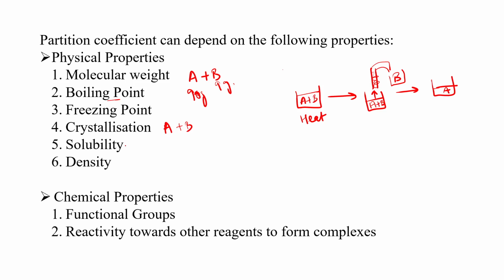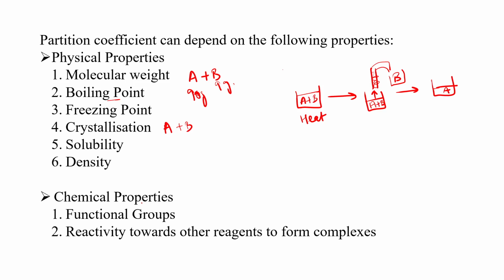Butanol will go into the organic phase because it is more soluble in organic solvent than in the aqueous phase, and I can separate the aqueous and organic layer, and that's how I can extract or separate two analytes based on their solubility. Then density, again the same concept: if one analyte is more dense than the second, I can take out one analyte from the other based on density.